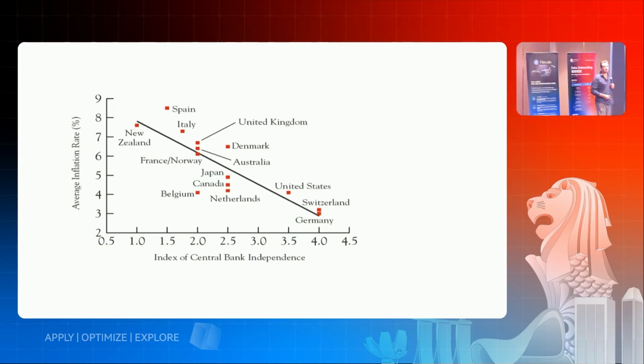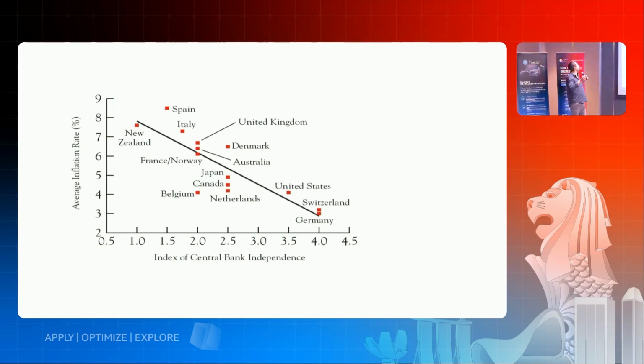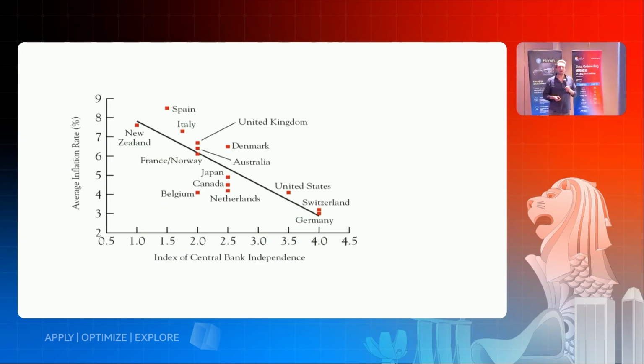And this is really interesting because this is a graph I thought was interesting when I was shown it in Econ 101. This is your index of central bank independence on the x-axis as a function of your average inflation rate on the y-axis.